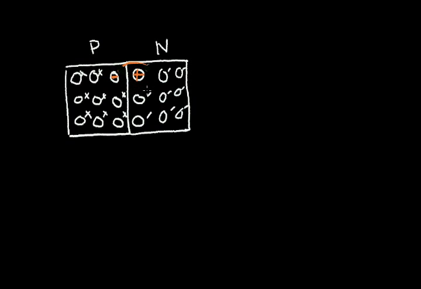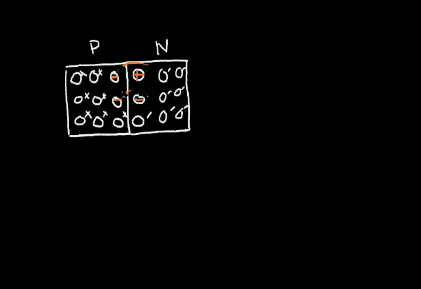And the same thing can happen at this electron here. It can move over and go into this hole location. And when that happens, we call that recombining. And what happens is these are no longer free charge carriers to move around. And this region again becomes negative because it has gained an electron.